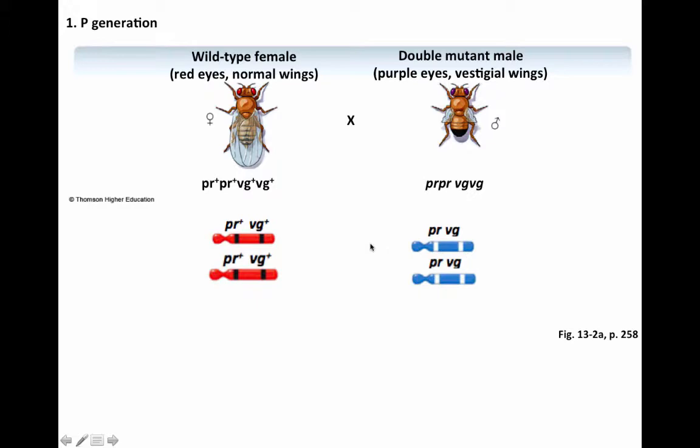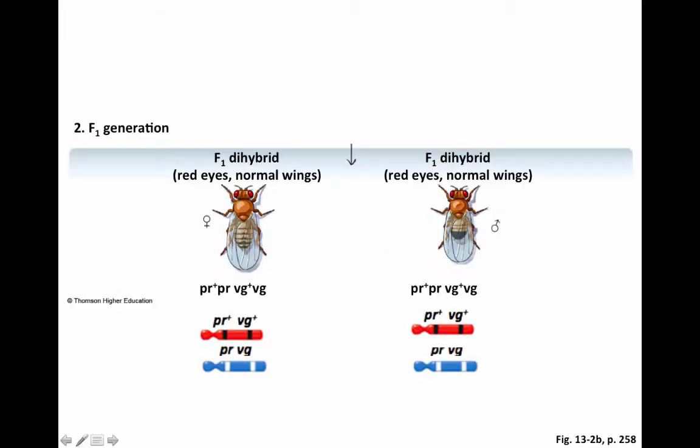And so when you cross these, you're going to get F1s that have 1 copy of the wild type genes on 1 chromosome from mom, and a copy of the recessive alleles from dad. It doesn't matter if they're male or female, they're all going to be like that.